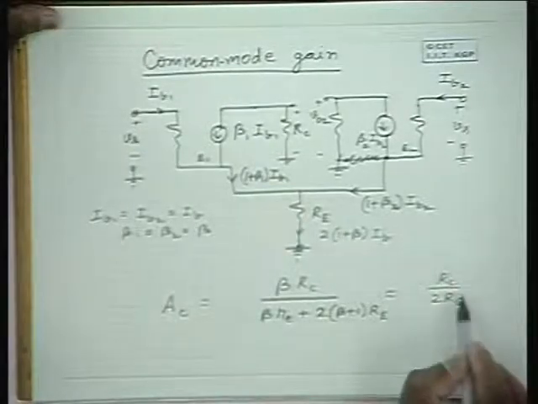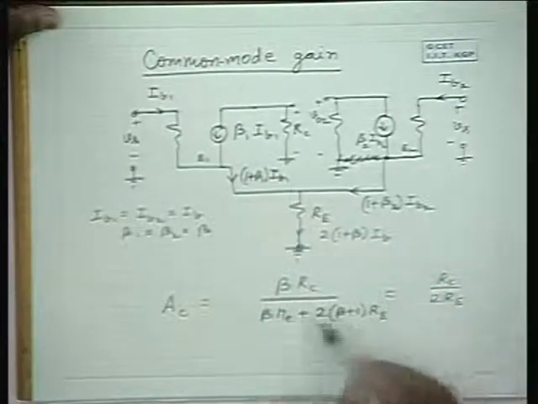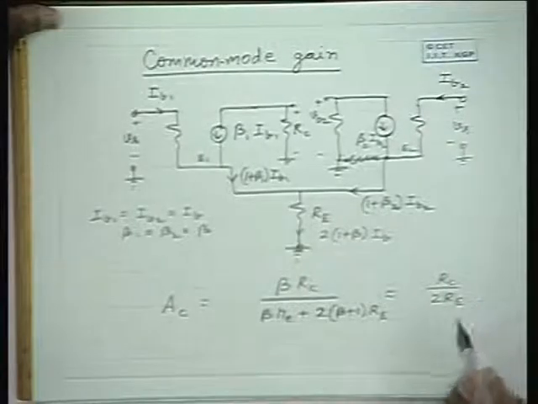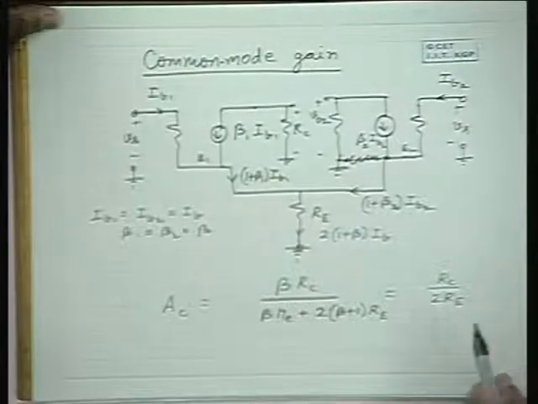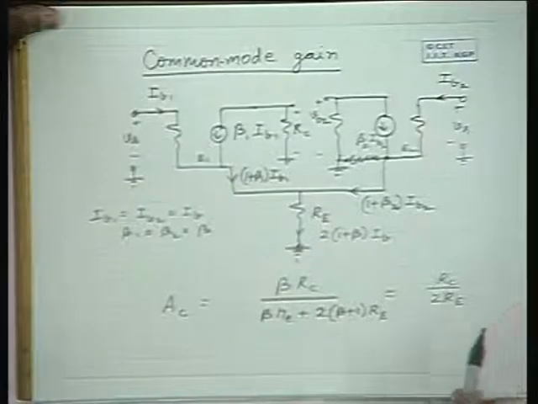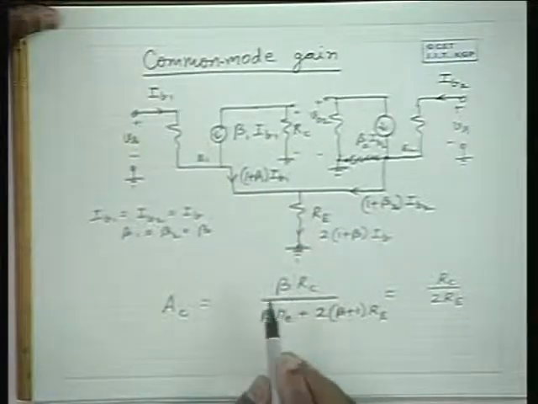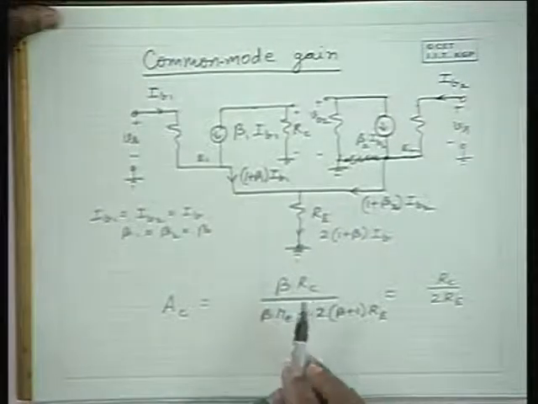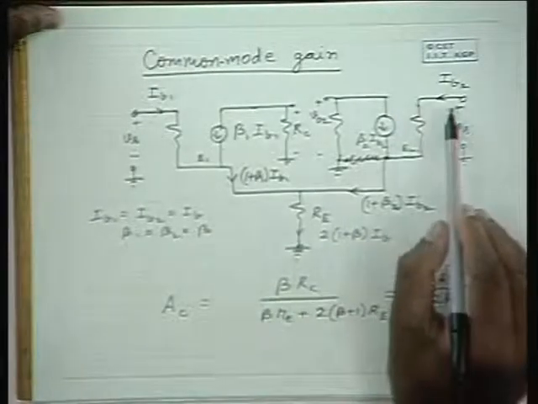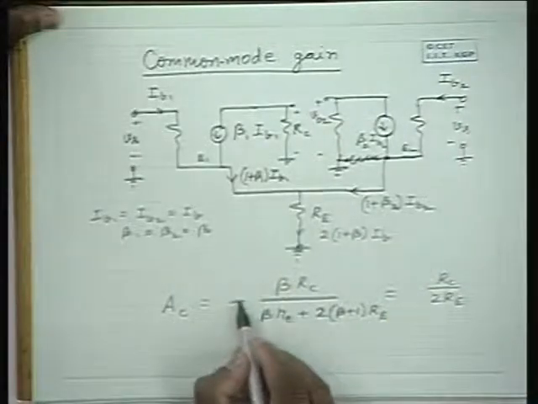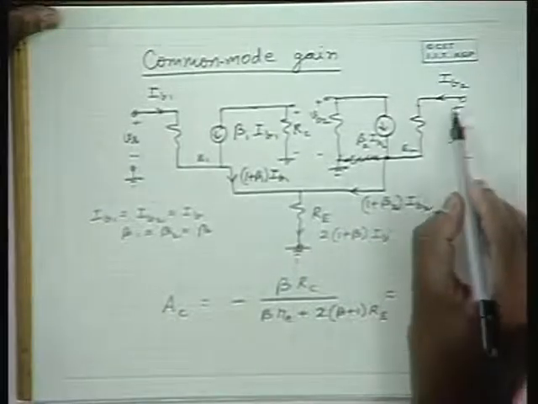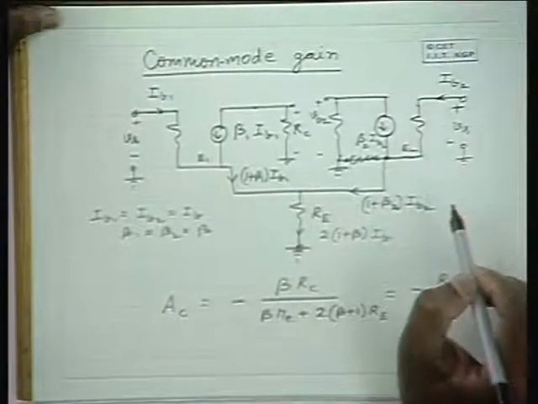And if RC and RE are of the same order, the common mode voltage gain is approximately equal to half, 0.5, and there is a sign here. The sign is negative. It is equal to minus RC by 2 RE, because on this side, this is the input signal Vs by 2.